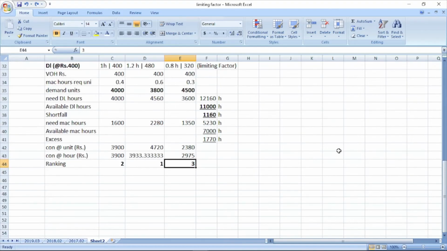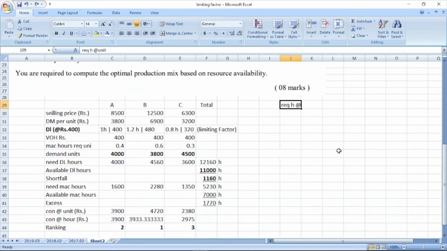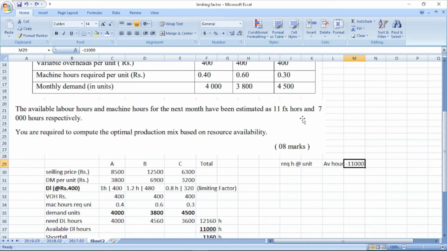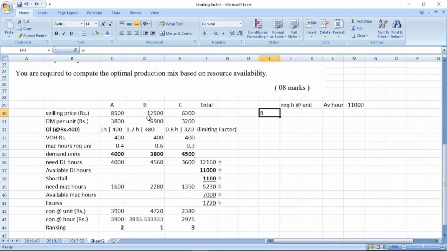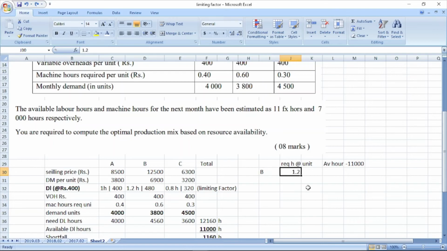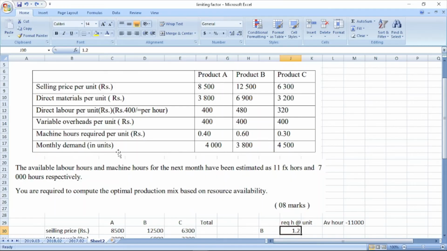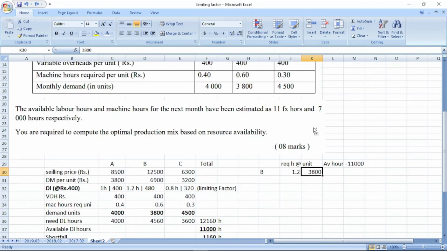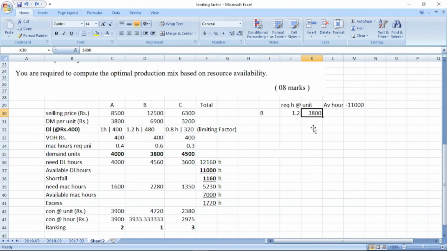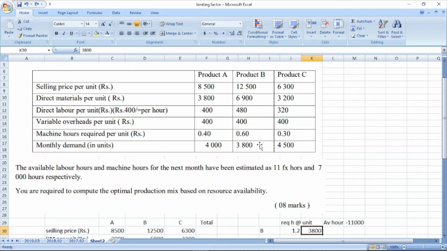Now we are going to produce our products according to the production plan. First we prepare the production plan: requirement hours per unit, available hours. We have only 11,000 direct labor hours. First, ranking 1 is product B. We need 1.2 hours to produce 1 unit, and the monthly demand for product B is 3,800.